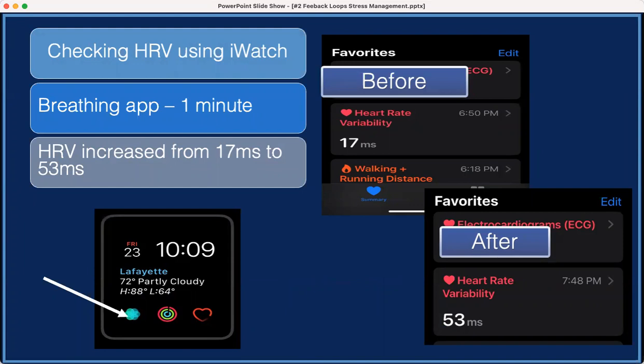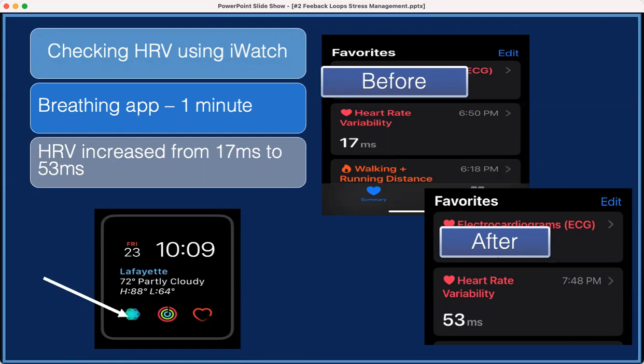So if you have an iWatch, which I do as well, you can do this by using this little breathing app. I know you've seen this on your watch or your phone, but you've never thought to use it. When you tell your phone that you want to do a 1 minute breathing, it will start the countdown of your heart rate. So you let it go for 1 minute. And this is what mine did on a day when I checked it just using my watch.